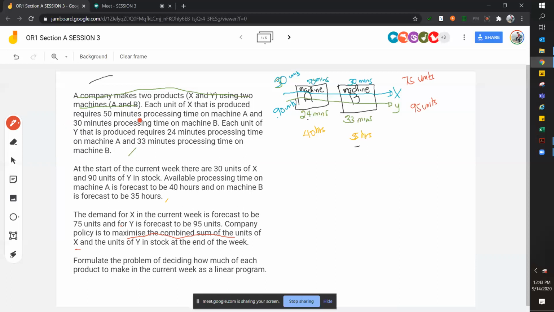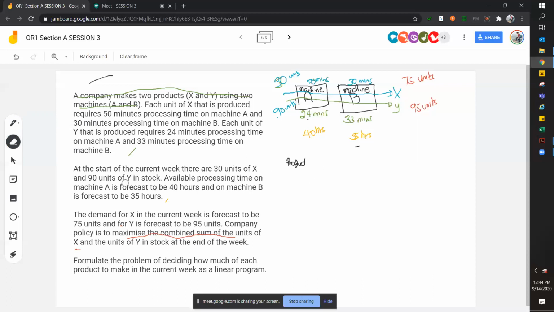Okay, ano daw yung ating goal dito? Maximize the combined stocks at the end of the week. So formulate the problem of deciding how much of each product to make in the current week as a linear program. Medyo mahirap tong problem. So saan tayo mag-start? Why don't we put it in a table?